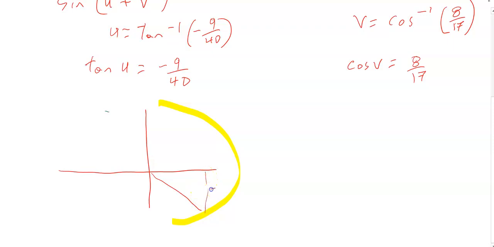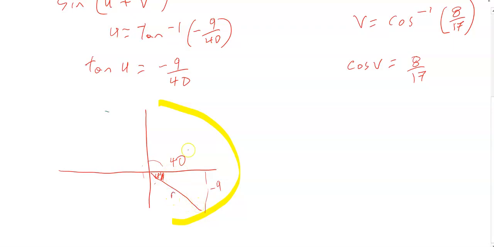So we are doing negative 9 on the y and 40 on the x, right? u would be this entire angle, but we take the reference angle to it. So u is regarded as this angle right here between the line and the horizontal.